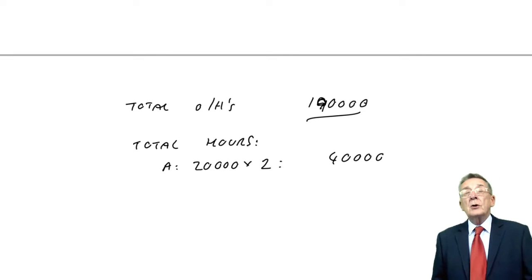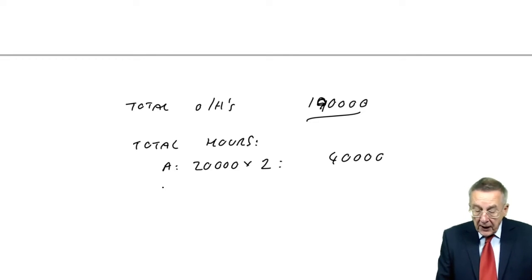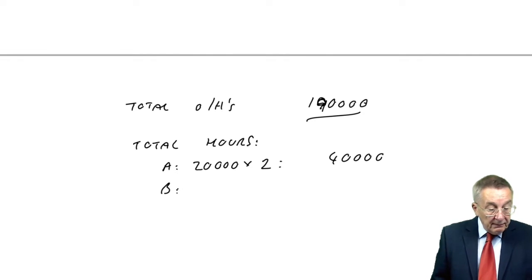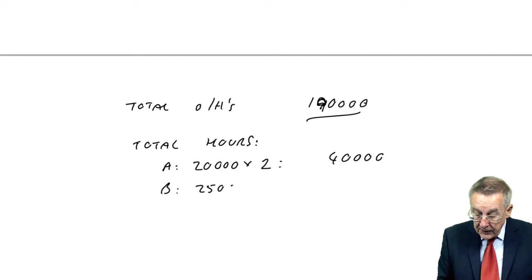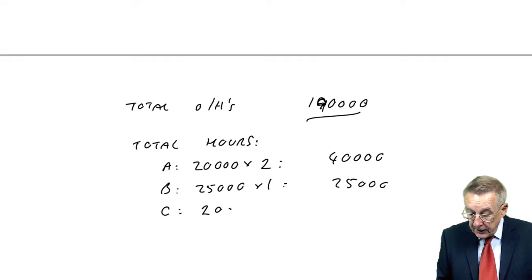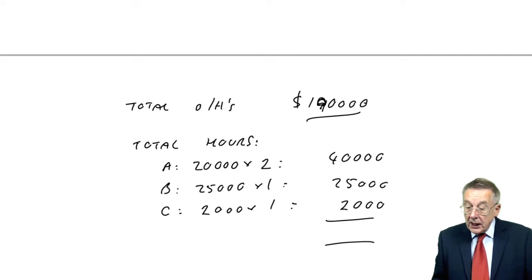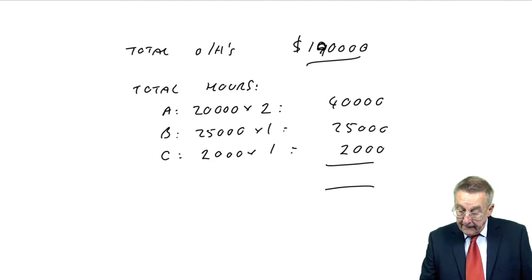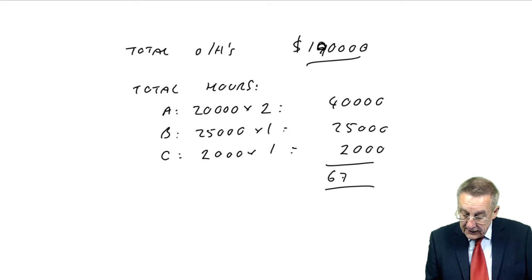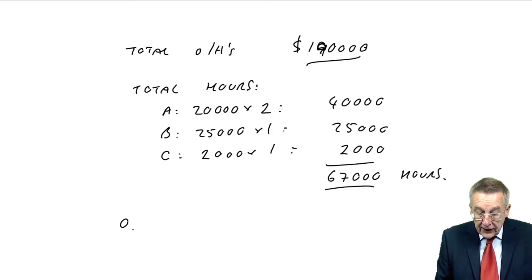So working 40,000 hours on product A. Product B, we're making 25,000 units and each takes 1 hour. And product C, 2,000 units, again, each takes 1 hour. And so in total, we're working how many? 67,000 hours.